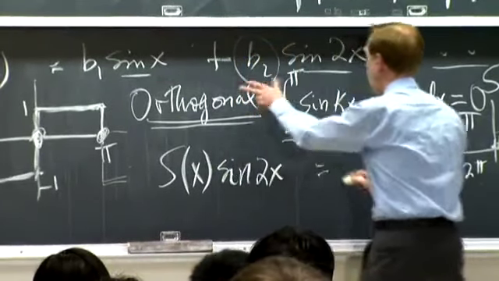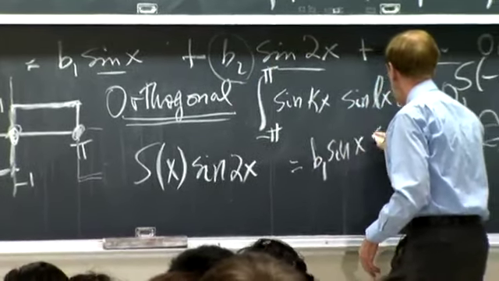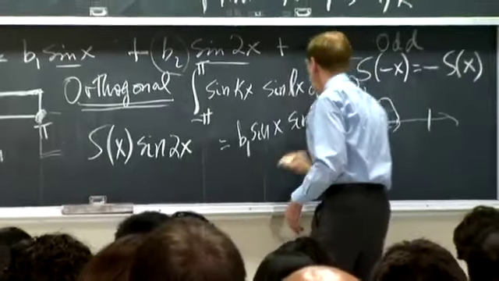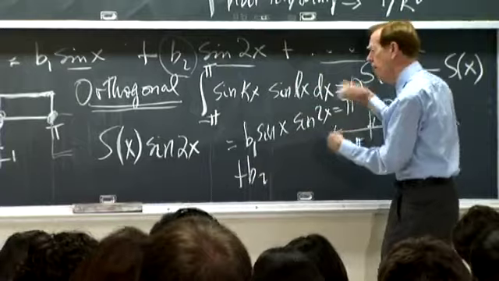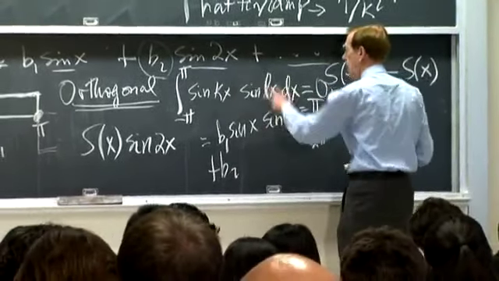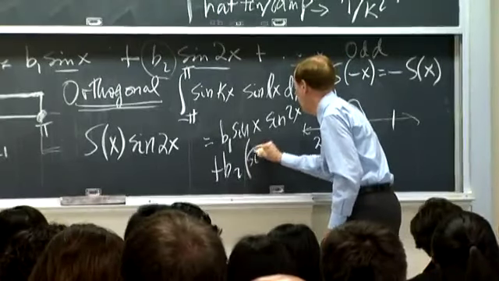and on the right hand side I have b1 sine x sine 2x, and then I have b2. Now here's the one that's going to survive the integration, because it's sine 2x times sine 2x, sine 2x squared.